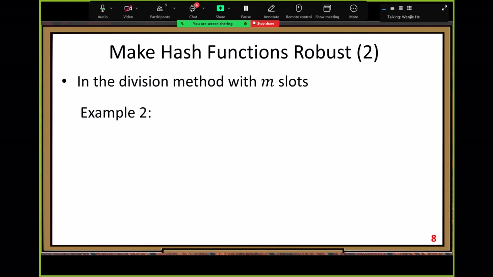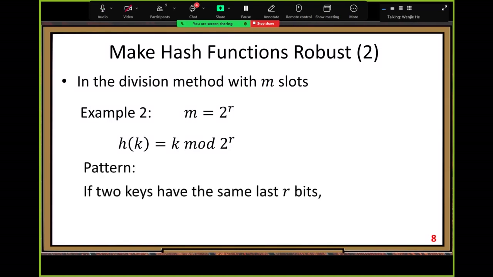Another example: division method with m slots, but this time if your m equals a power of 2, then there is some pattern that can easily break this method. Suppose our hash function equals k mod 2^r.